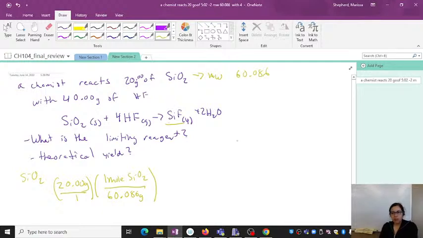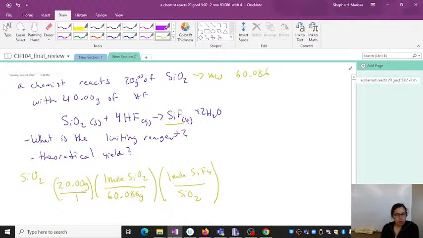And so what's our ratio in this case? So 1 to 1. So 1 mole. And so I'm going to put silicon tetrafluoride on top, silicon dioxide on bottom. So that cancels.